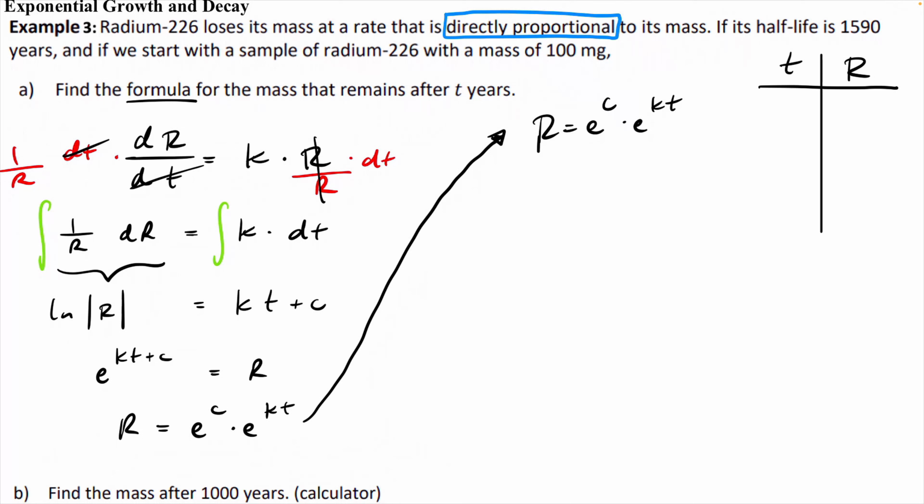Yep. So after 1,590 years, it's going to retain half of its mass. And what was half of its mass? Or what's going to be left? 50, right? And then in another 1,590 years, it's going to have 25, and so on and so forth, right?